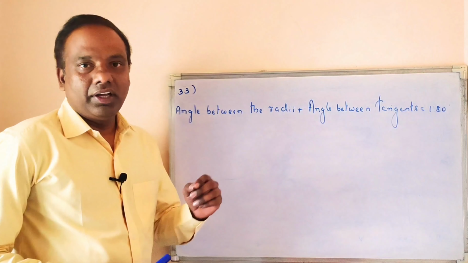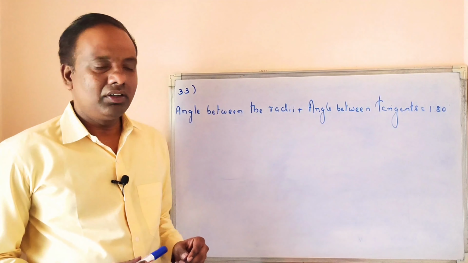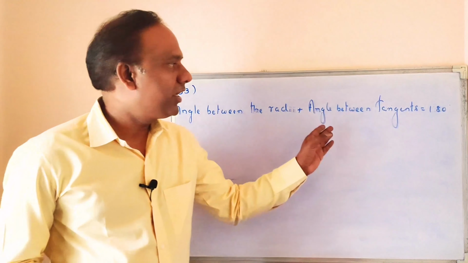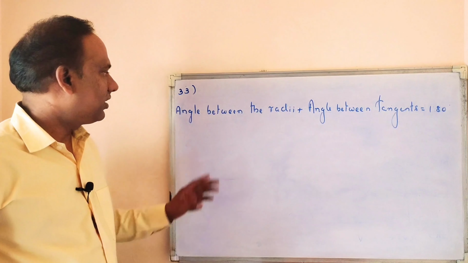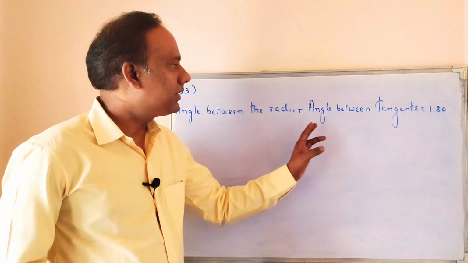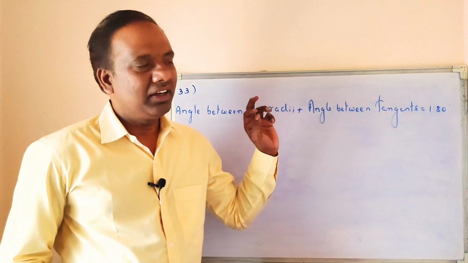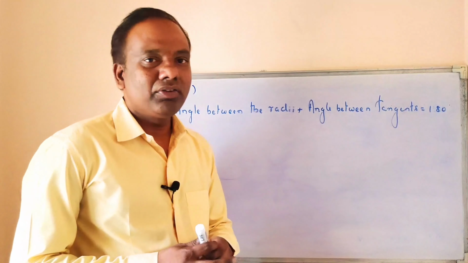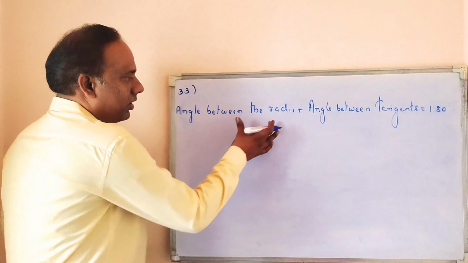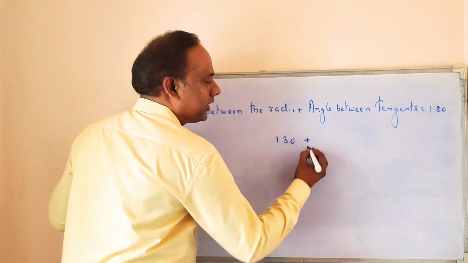Here in the question, the angle between the radii is given. So we can calculate the angle between the tangents. One condition is that the angle between the radii plus the angle between the tangents is equal to 180 degrees, as they are supplementary angles. The given angle between the radii is 130 degrees.